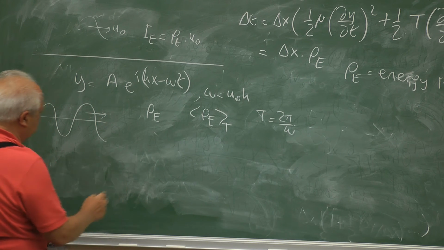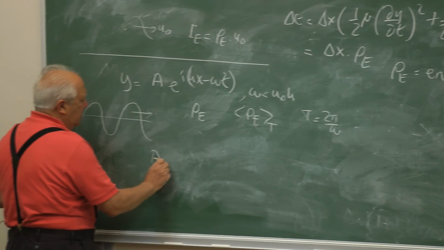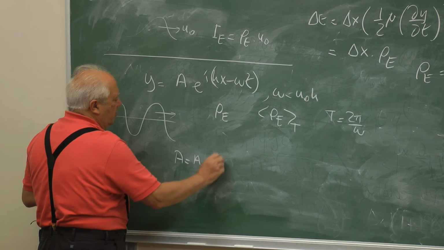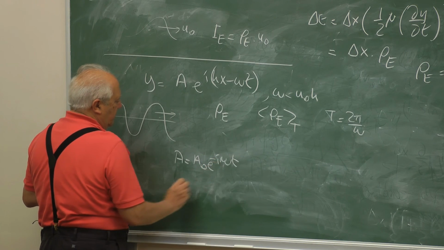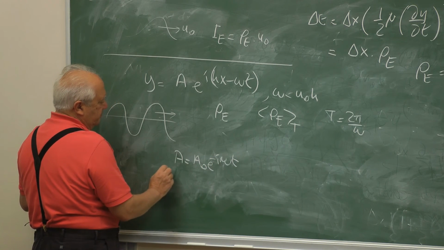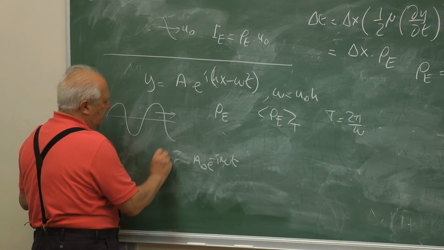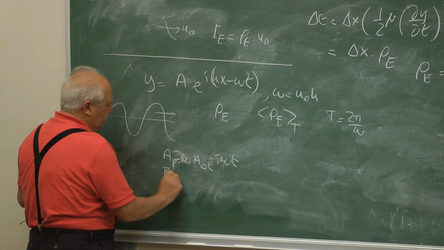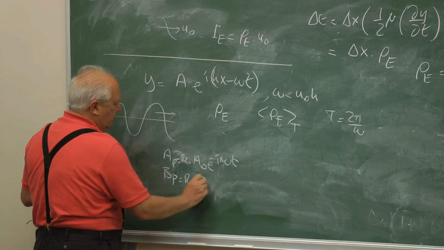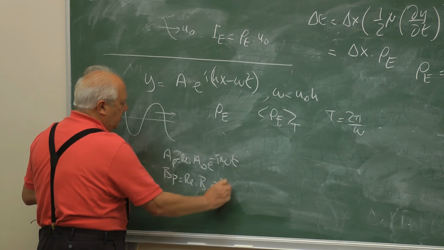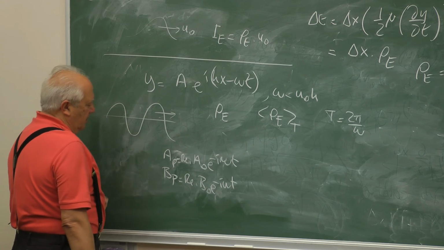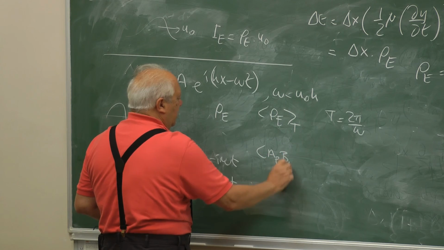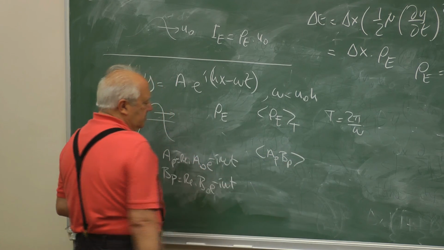Let me remind you: if A is A0 e^{−iωt}, if A physical is the real part of this, and B physical is the real part of B0 e^{−iωt}, then this is a bilinear term.